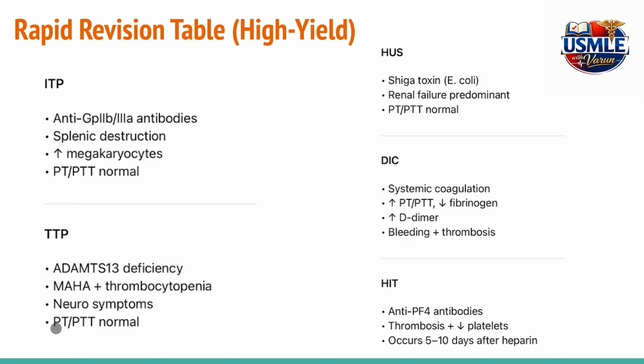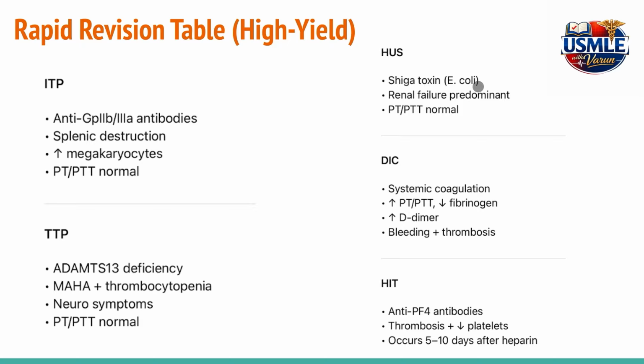Now again, this is the key feature that's highly tested on any kind of exam. PT and PTT are normal in TTP also. While coming to hemolytic uremic syndrome, this is typically due to Shiga toxin from E. coli O157:H7, as we have discussed. In this case, renal failure is predominant, and again, PT and PTT are normal.